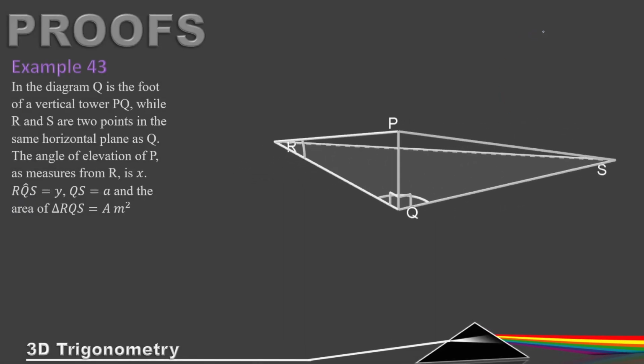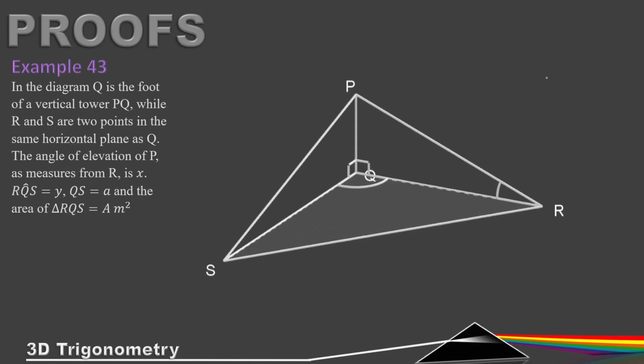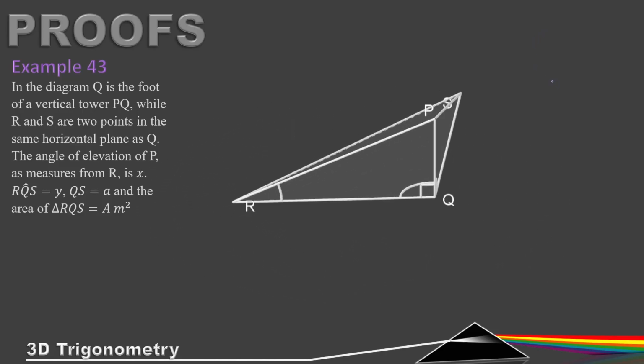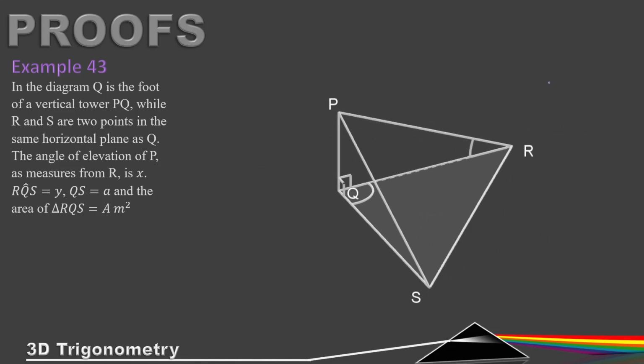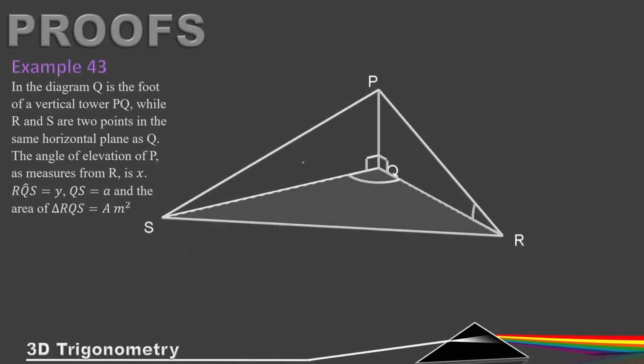Okay, now in the diagram, Q is the foot of a vertical tower PQ, while R and S are 2 points in the same horizontal plane as Q. The angle of elevation of P as measured from R is X, and then RQS is the angle Y, and QS is A, and the area of triangle RQS is A meter squared. That's the area.